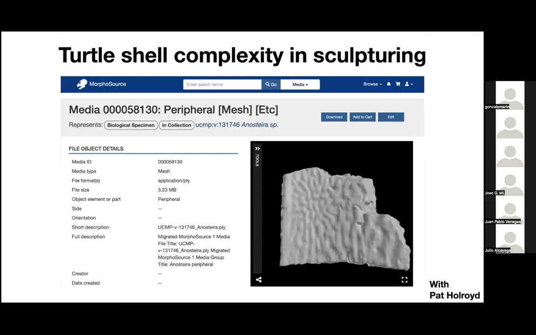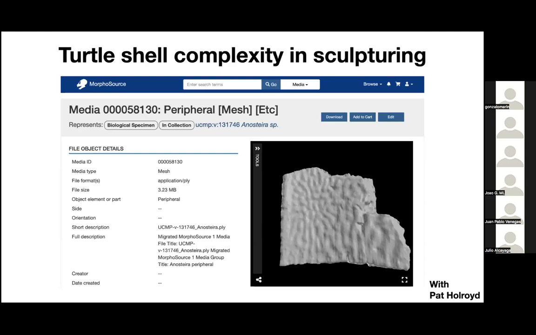It inspired me to go back to the turtle shells and analyze them again. So turtle shells, even when they lose the scutes, the bony plates also have incredible complexity. And I started studying the bone sculpturing on turtle shells to understand the complexity and also how they look different when they have different ecologies.